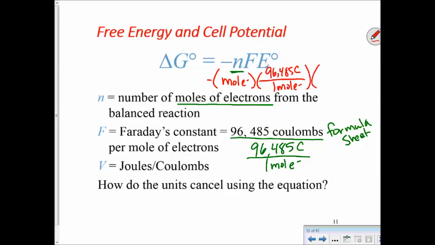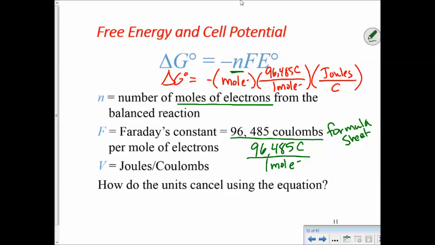And then our E cell is in volts, right? So volts would be the joules over the coulombs, right? That would give us our delta G, like so.